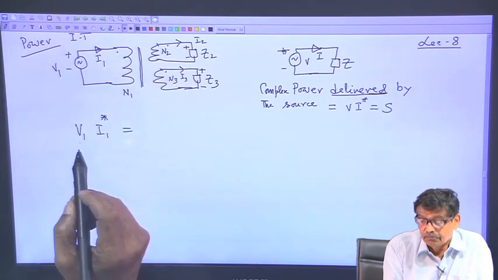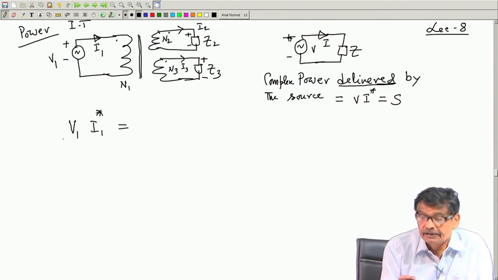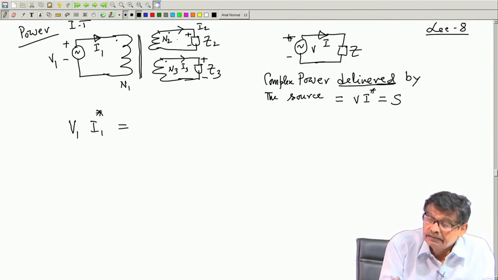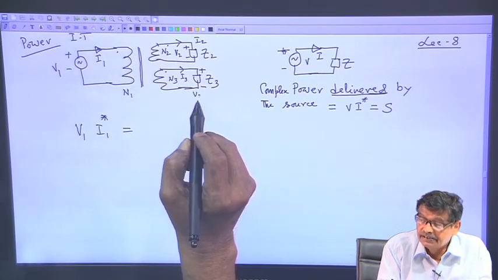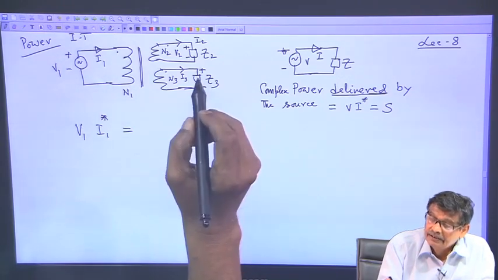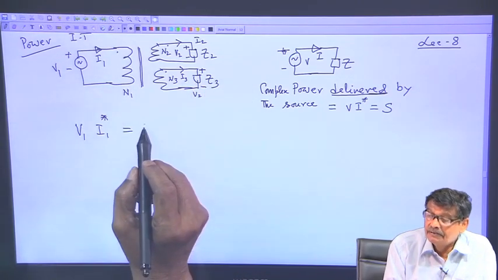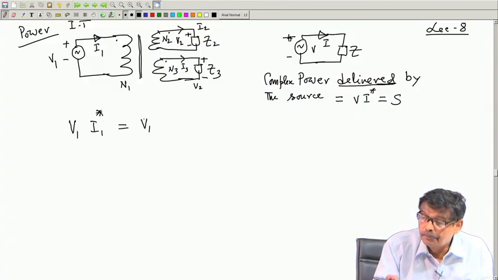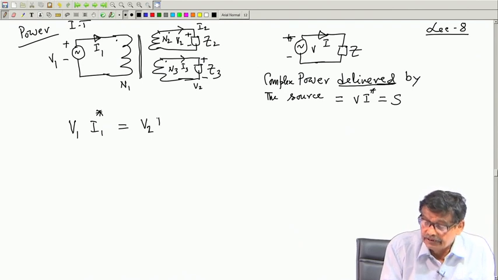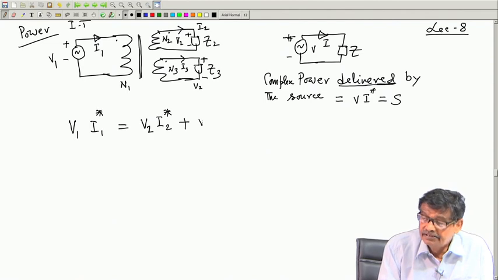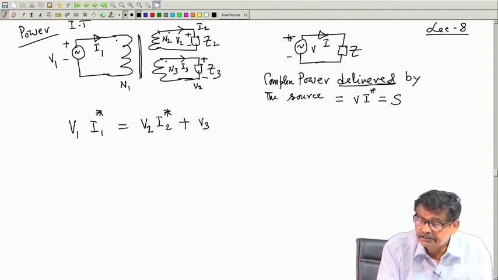But what I am telling is, this must be true: V 1 I 1 star must be equal to, suppose this voltage is V 2, upper one plus lower one minus, so power absorbed by Z 2 is V 2 I 2 star, plus V 3 I 3 star, very simple.